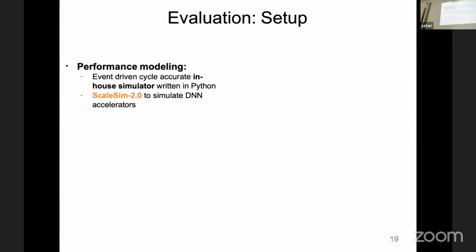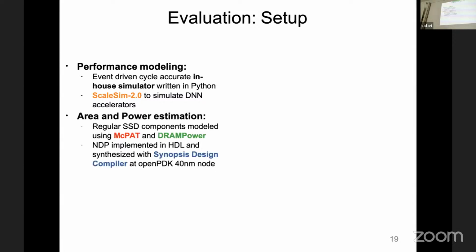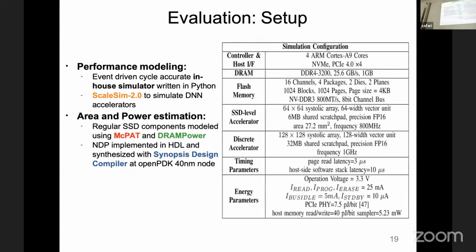And for the performance modeling, they use an in-house simulator for the throughput analysis and Scalesim 2.0 to simulate the DNN accelerators. For the area and power estimation, they also use established software like McPAT and DRAM power. And for the near data processing elements, they just implemented them in HDL, to be more exact Verilog, and then synthesized them and then analyzed the areas which got produced.